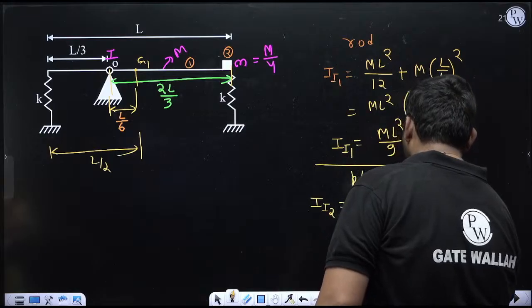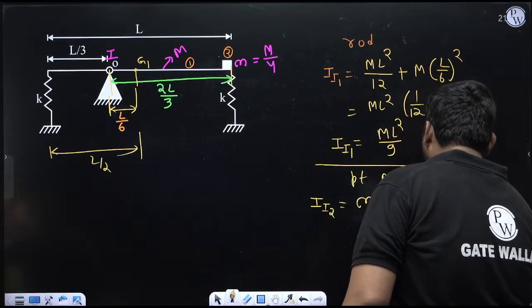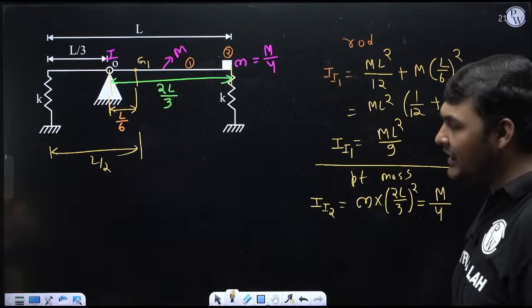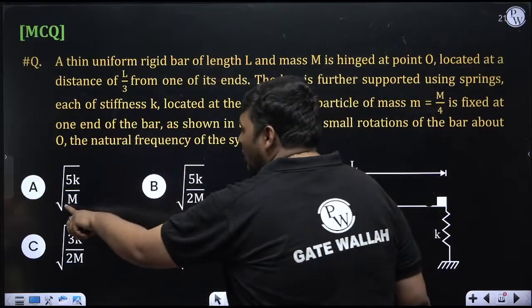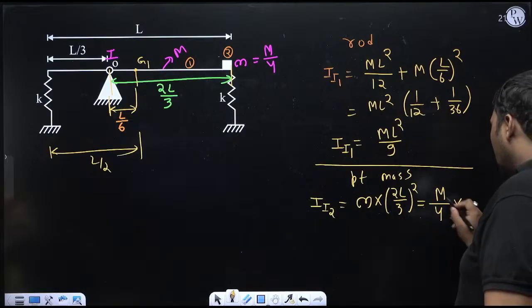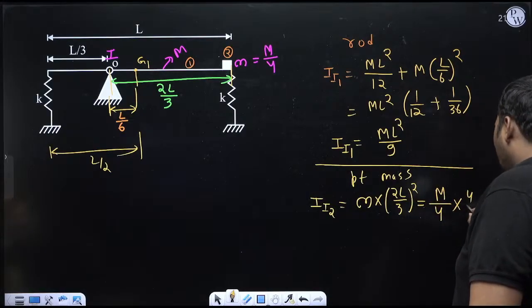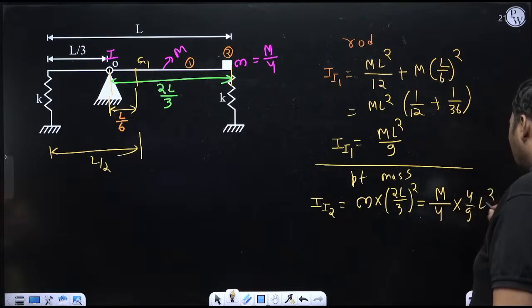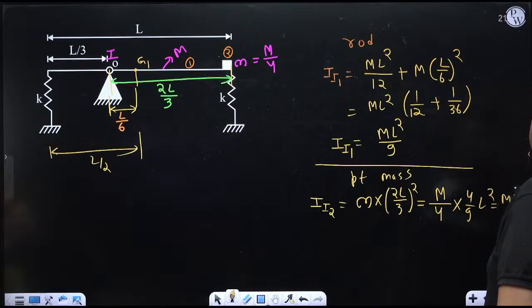Very simple. Now small m is capital M by 4. Why am I calculating in terms of capital M? Because the examiner has given all the options in terms of capital M. So small m is capital M by 4, and 2L by 3 whole square will be 4 by 9 L square. The 4 will get cancelled, so it is coming ML square by 9.